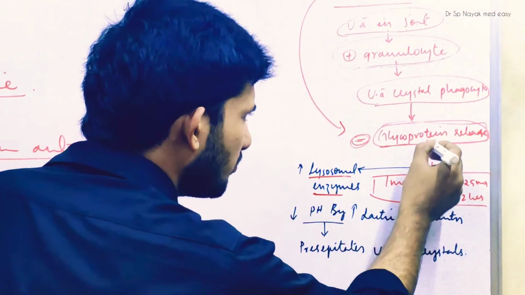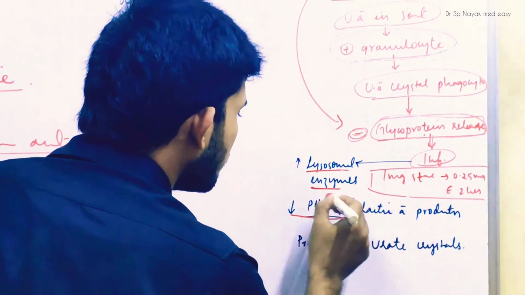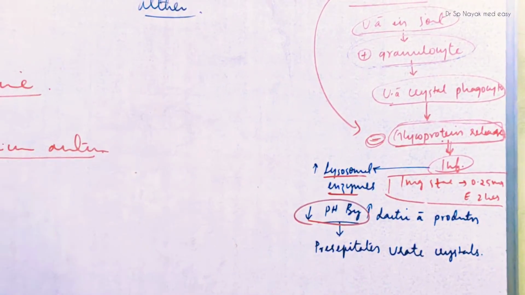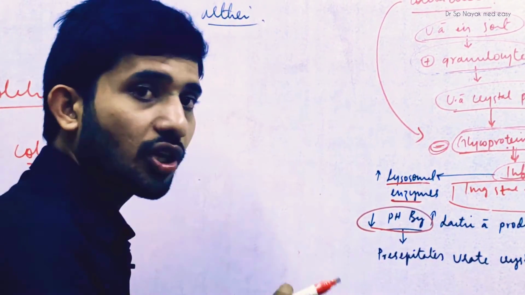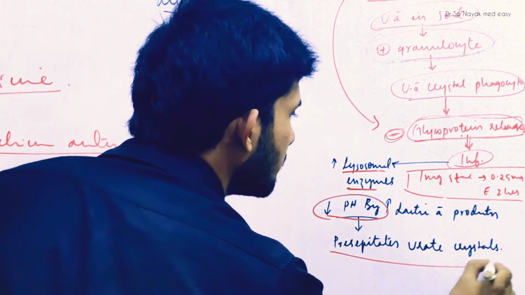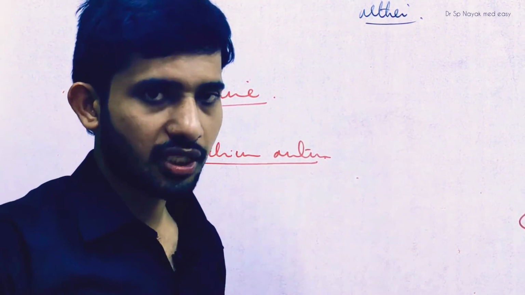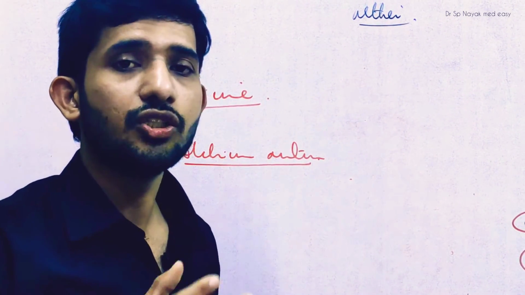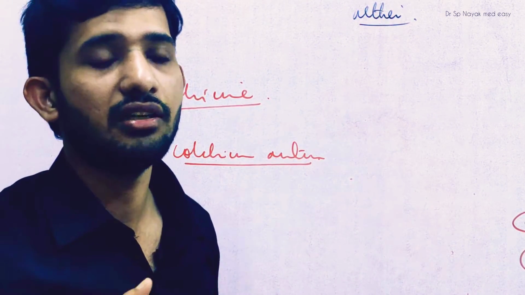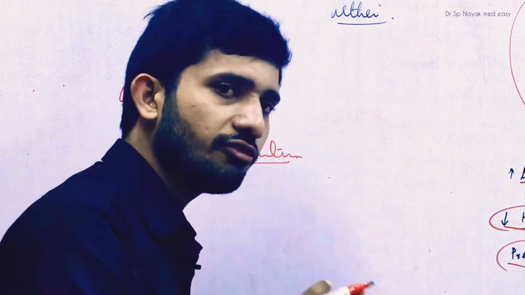By the release of glycoproteins, the pH of the joint is also reduced by lactic acid production, and by that it precipitates the urate crystals. In the acidic pH, the uric acid again precipitates in the joint, severe inflammation occurs and the problem again exacerbates. So this is the general physiology of pain and inflammation in the joints.